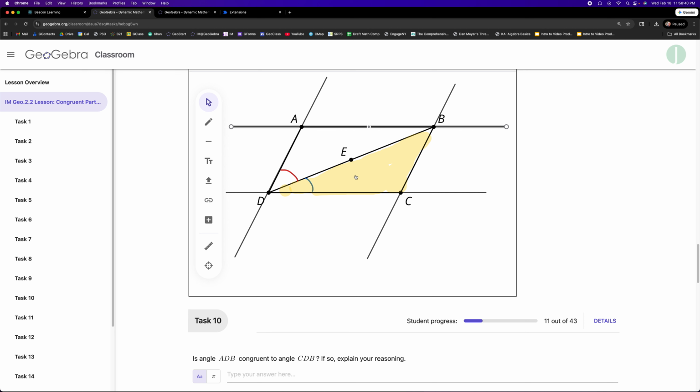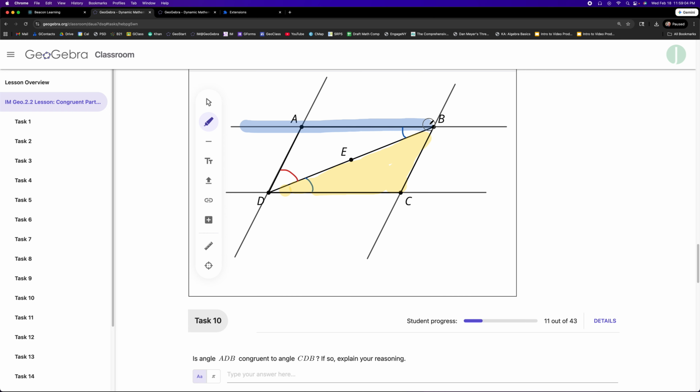Okay. Now, if I'm looking at this blue angle here, do you guys remember what we did, right, when we were talking about all those angles? You see the Z shape? I'll go back here. I'll go this way. Right, the Z shape.